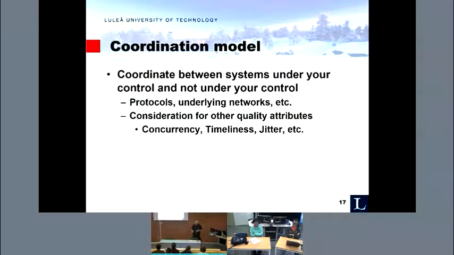Then if I start connecting to other systems, can I ensure that those other systems fulfill the same quality attributes? Do they fulfill the same requirements? Do they run their systems in some form of concurrent system? Do I have message jittering, like messages appearing in different orders? Do messages appear in a timely fashion?